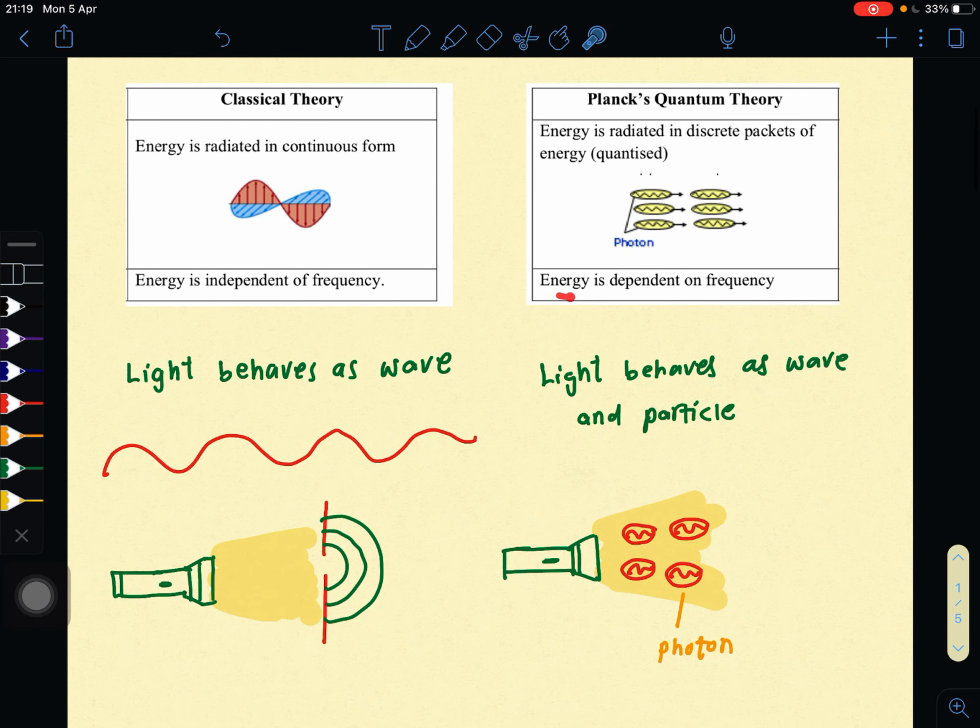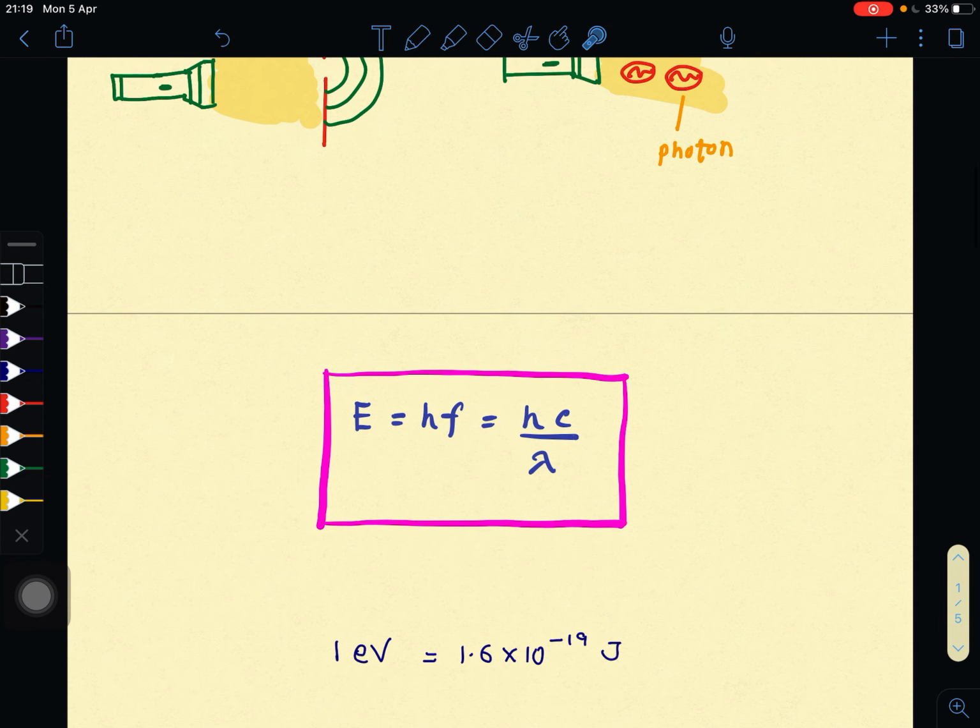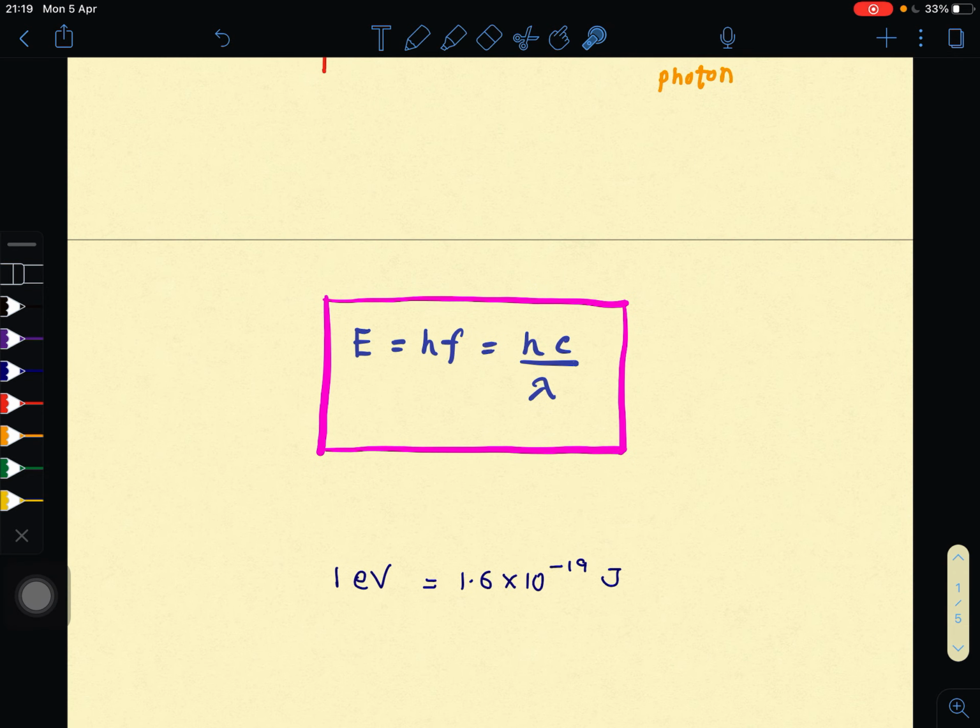So since energy is dependent on frequency, the formula that we are going to use is energy E equals hf, where h is the Planck constant, which is equal to 6.63 × 10^-34 joule second. So it's a very small value, but it is still a value.